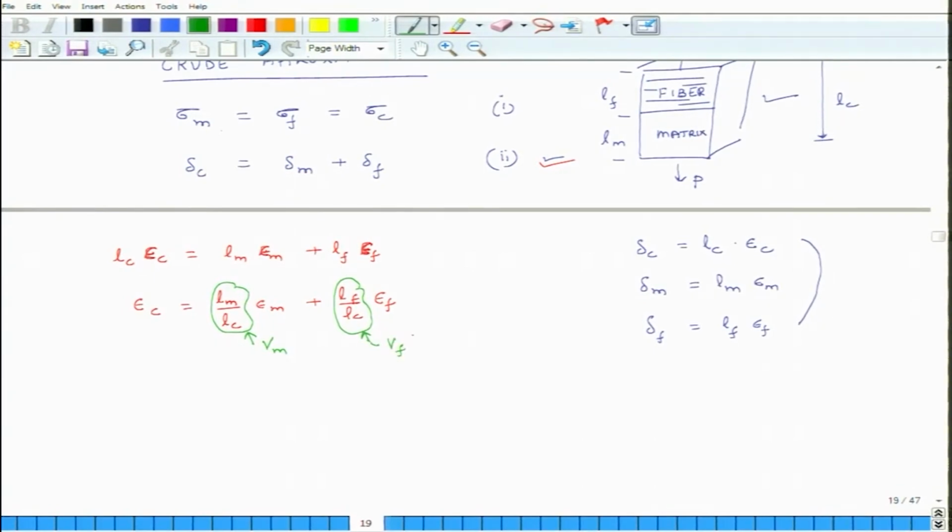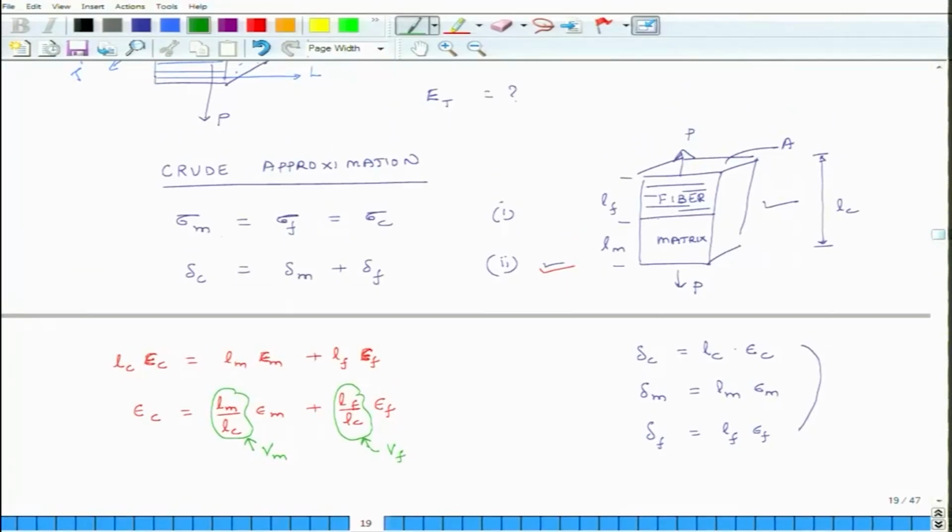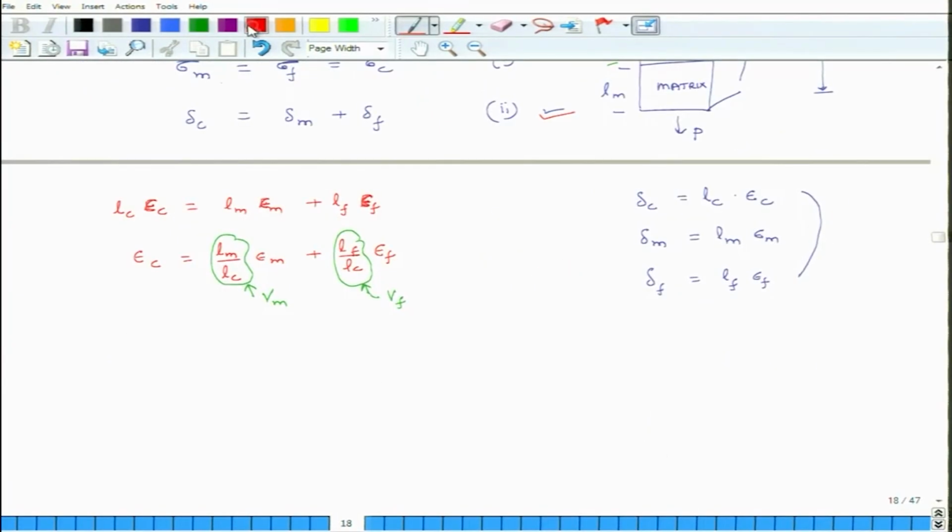Why are they volume fractions? The volume of fiber is Lf times cross sectional area A, the volume of matrix is Lm times cross sectional area A, and the volume of the whole thing is Lc times A. So, A cancels out, and that is why we have this. So, epsilon c equals epsilon m Vm plus epsilon f Vf.